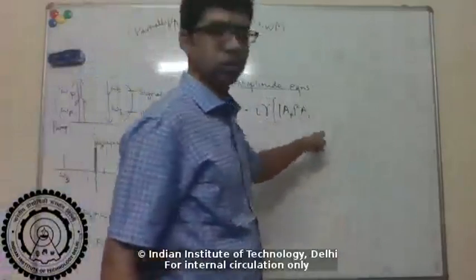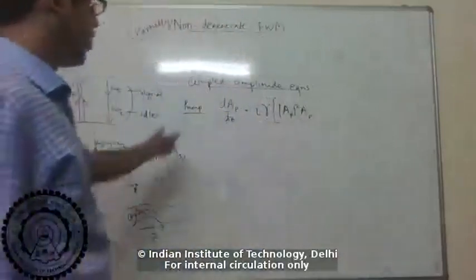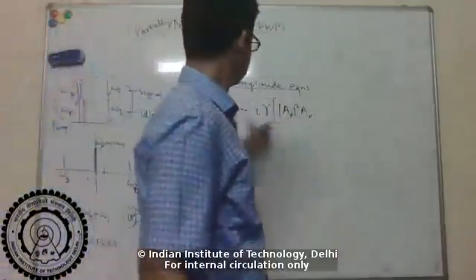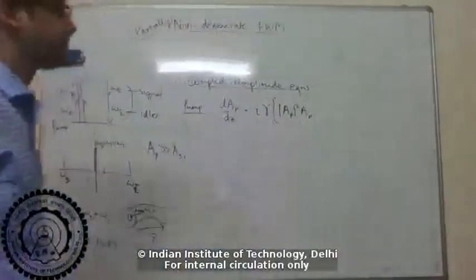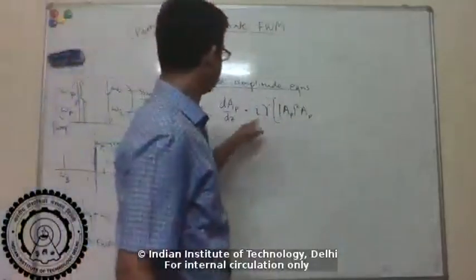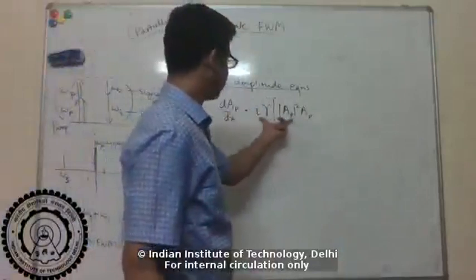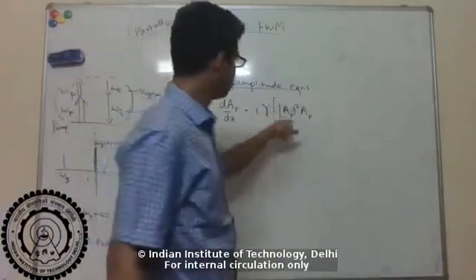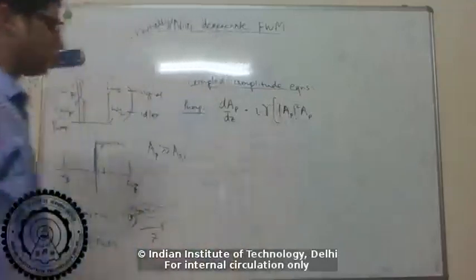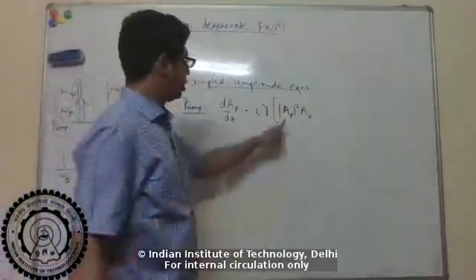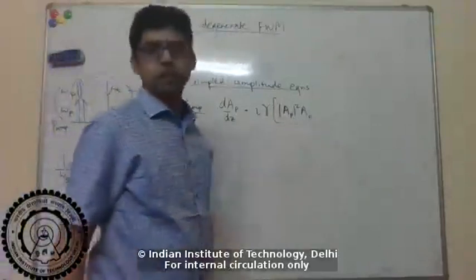Right? So there is no phase term here. If you remember when we were discussing self phase modulation, this is the equation we had. Right. So if you just have this, you can see that the solution is Ap just acquires a phase which is proportional to the intensity. But can there be other terms?